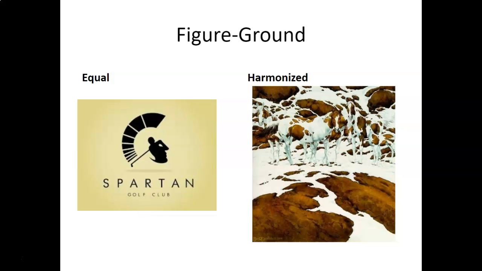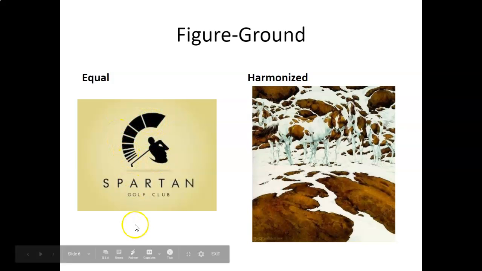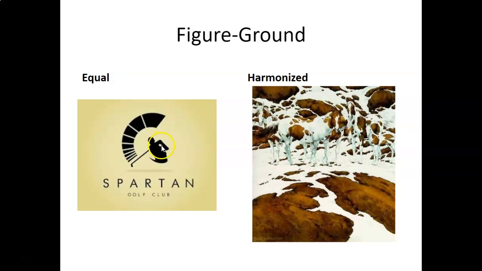If you're looking for the person with the golf club, this is a golf club. This is the person holding it and swinging it, and then this is the trajectory of the swing. If you're looking for the Roman warrior, this is the crest on the helmet, and then that's his eye, his nose, his mouth, and his chin.